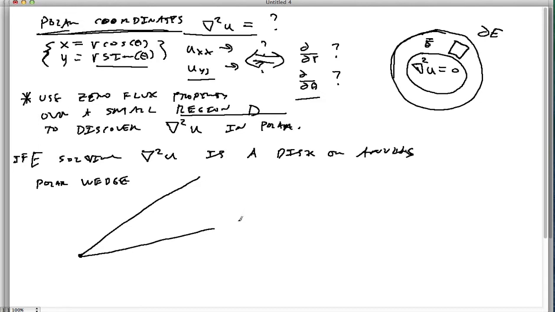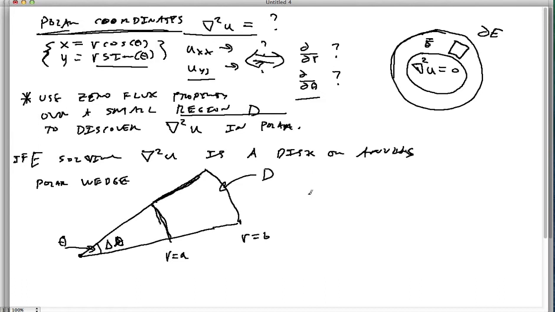I'm going to redraw that. We'll say that r is going to range from r equals a all the way to r equals b. Likewise, our angle theta is going to vary by delta theta. So if this is our little region, I'm going to call that D.